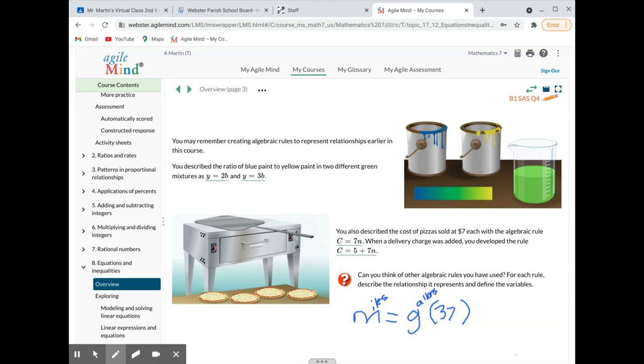Hmm. 37 miles equals 1 gallon. So you can go 37 miles on 1 gallon of gas. So could you say for every gallon of gas, you can go how far? 37 miles. All right. And anytime you add more gas, what's going to happen?